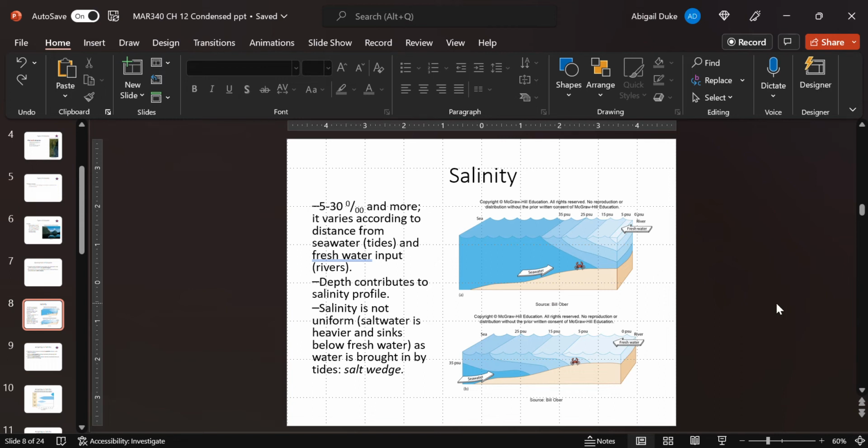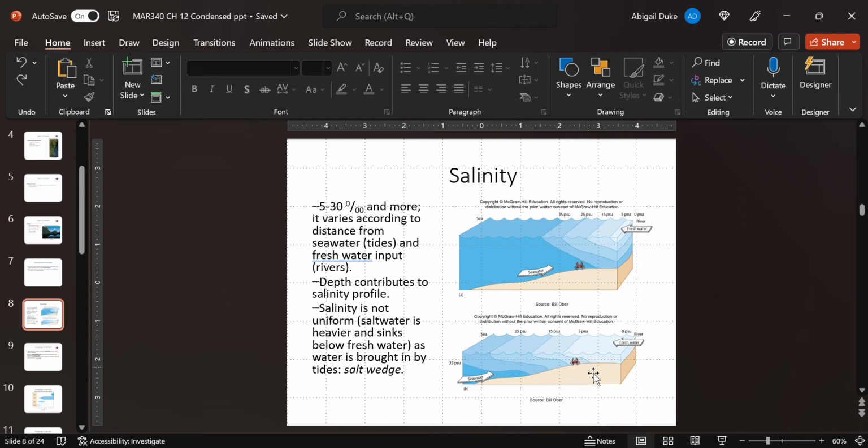So all of this is showing that you have the freshest water here, and then it increases in salinity, and then it's covered completely. This is the salt wedge right here. And then here it's during low tide, with the crab in the same spot.